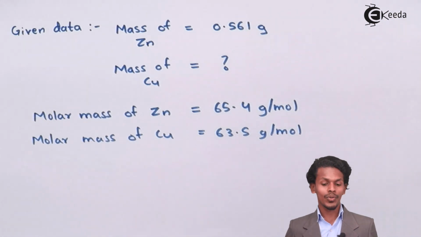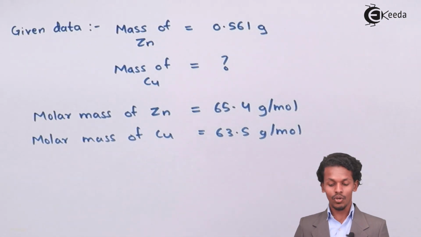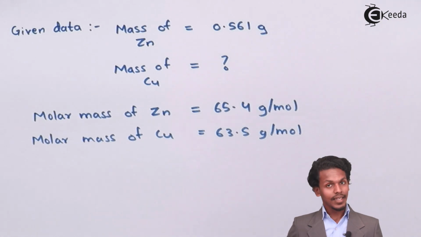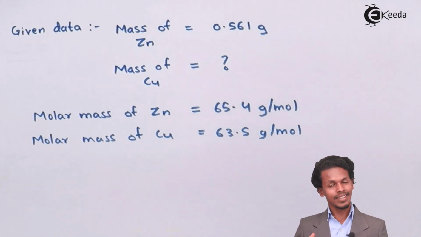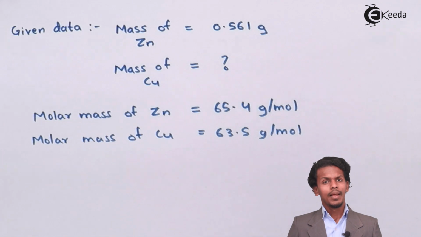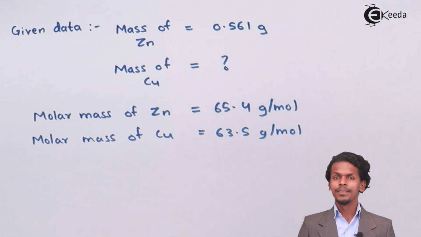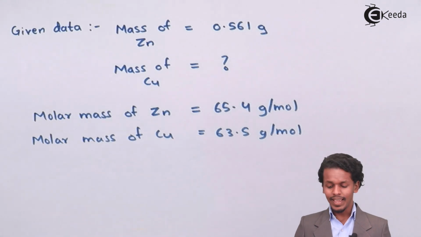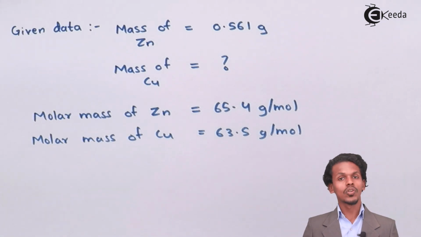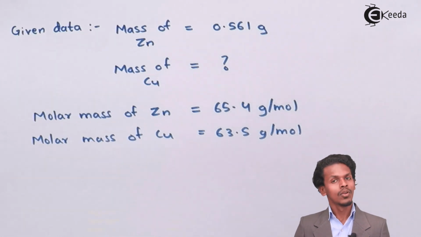Now what we have to calculate is the mass of copper that would have been deposited in the second cell. Before doing this, let us calculate the number of moles of zinc as well as the number of moles of electrons involved in the whole process.